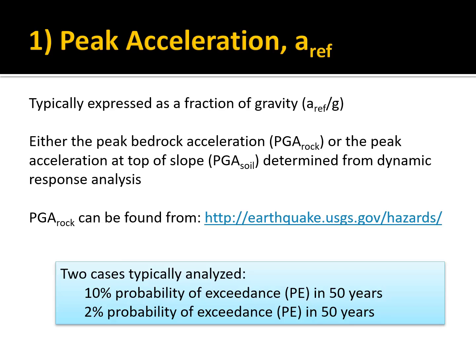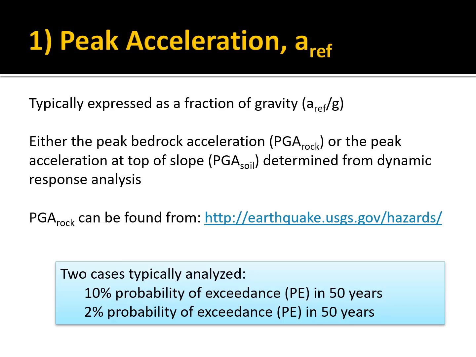Fortunately, the United States Geological Survey has a website where you can look up the peak bedrock acceleration for anywhere in the U.S., and you can analyze a number of different return periods.